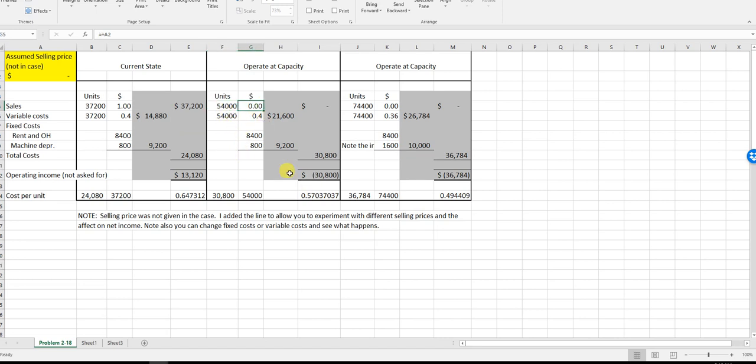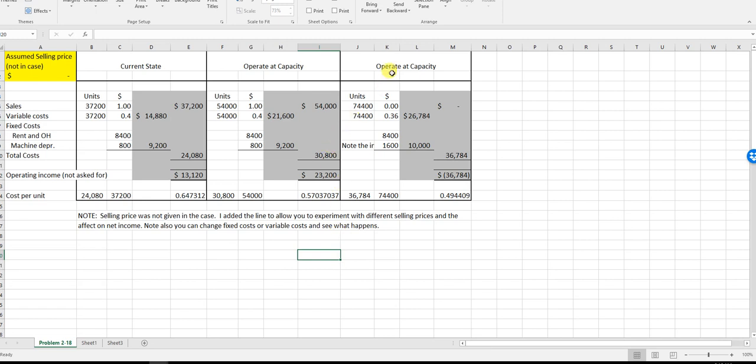If I sell them for $1, again, I just made that up. But the cost is the important thing. So I have 54,000 times 40 cents. I still have my same fixed cost, but look what happens to the total cost per unit. It is getting cheaper because I'm spreading my fixed costs over a larger number of units. Okay.